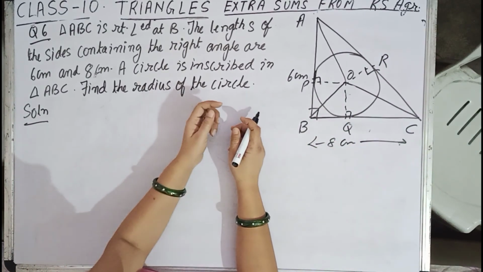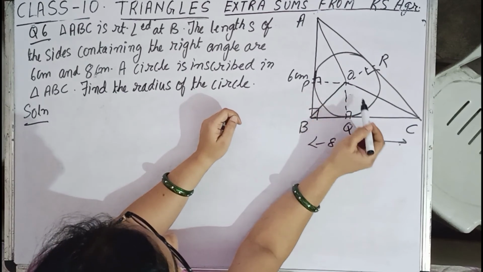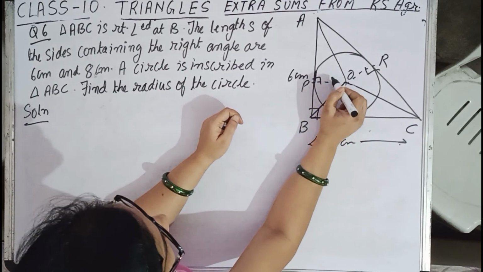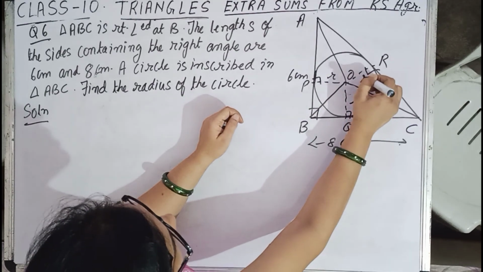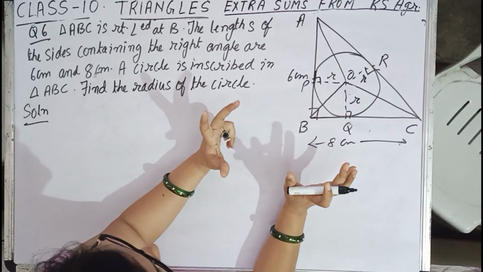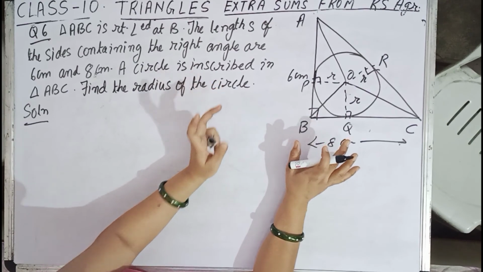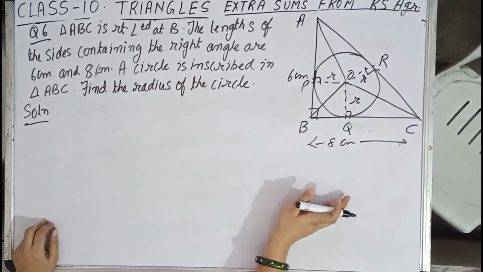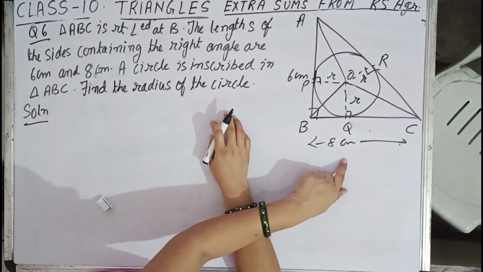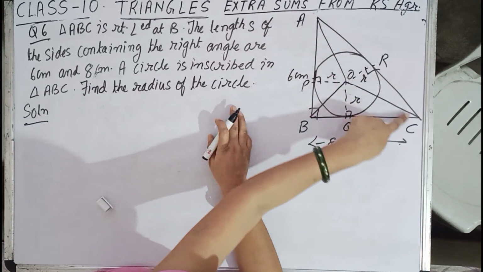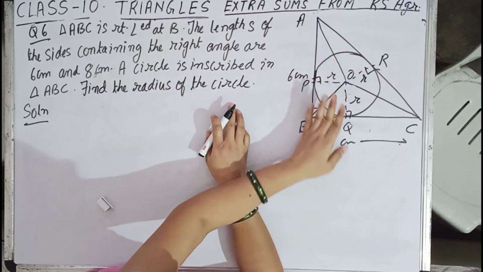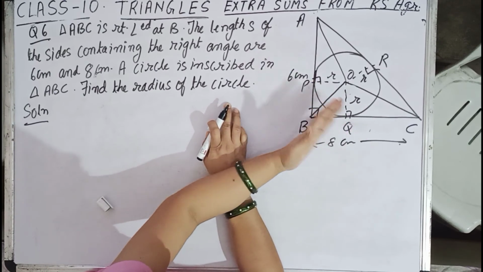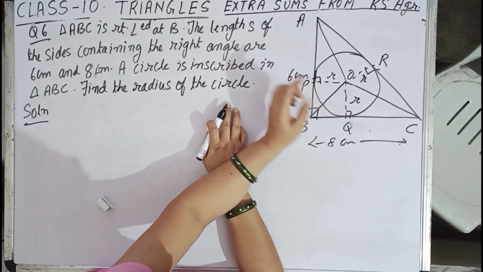So we can say that the radius of the circle is OP equals OQ equals OR. This is the radius, suppose R. So we have to find the length of R. This one is 8, this one is 6. So obviously by Pythagoras theorem AC will be 10. So we now know the lengths of the sides of triangle ABC.